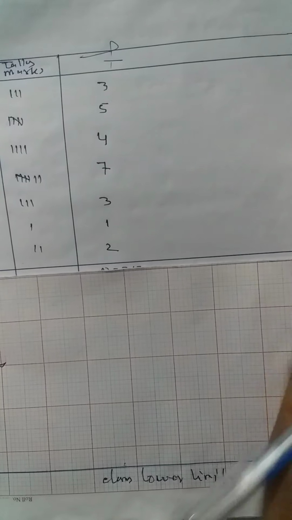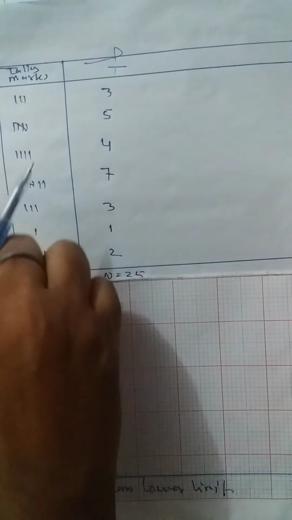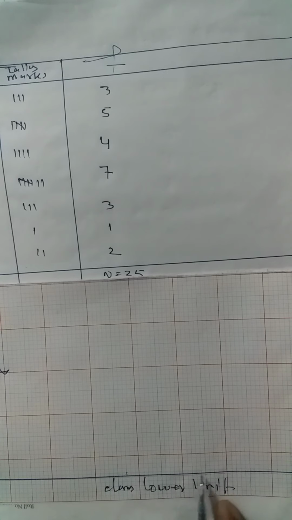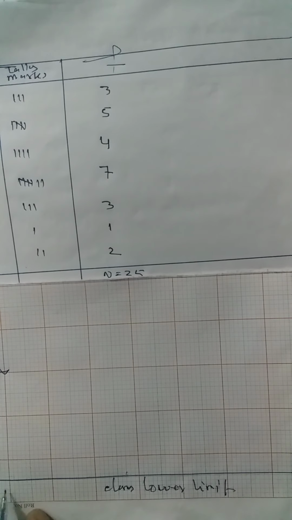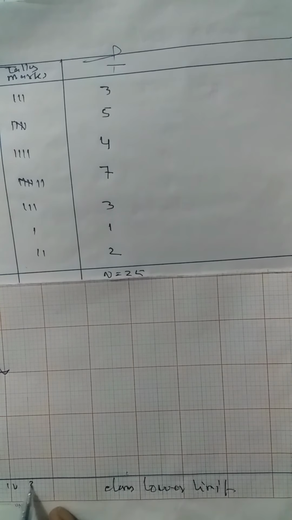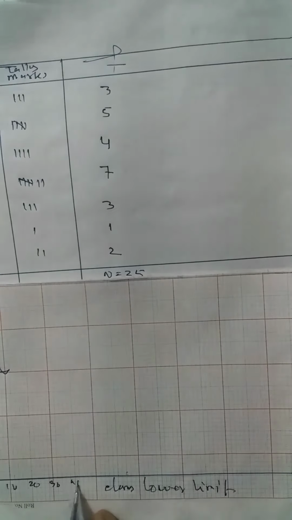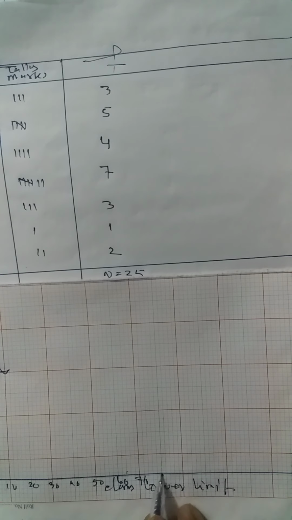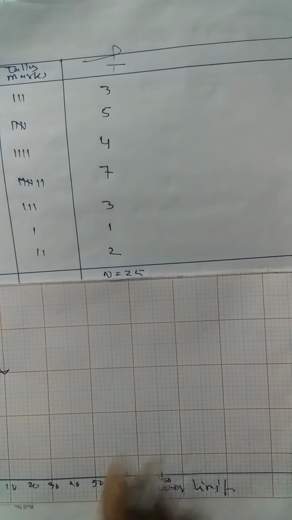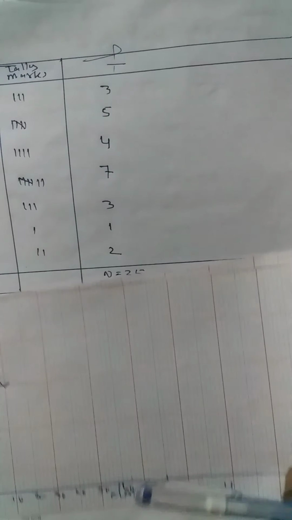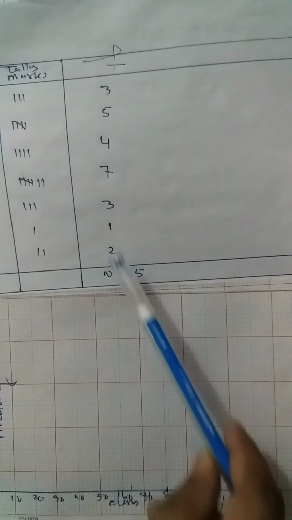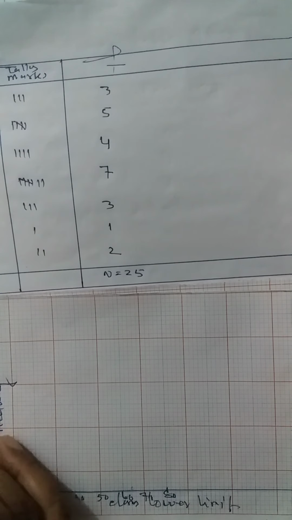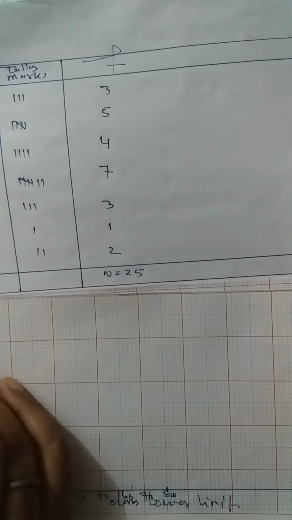Then indicate the class lower limits 1, 2, 3, 4, 5, 6, 7, 8, meaning 10, 20, 30, 40, 50, 60, 70, 80. The vertical axis indicates the class frequency, lowest one, top 7. Then 1, 2, 3, 4, 5, 6, 7.